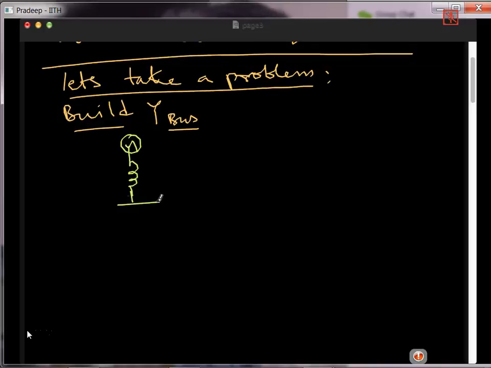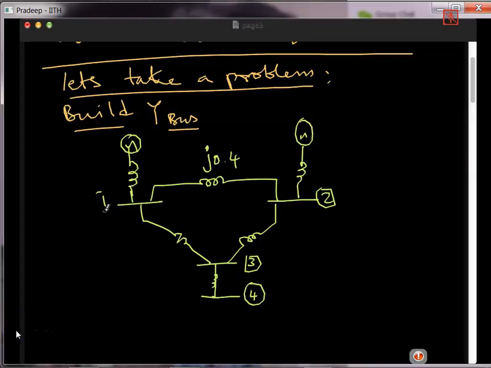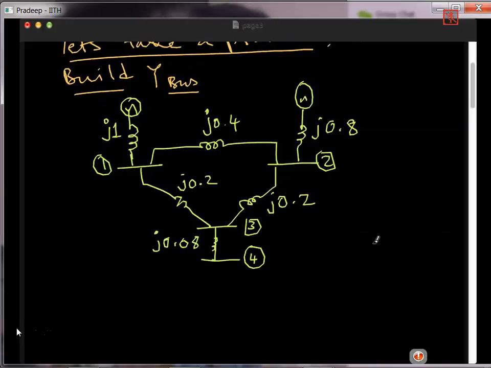It's a generator, then I have bus 3, bus 4, and this is bus 2, and this is bus 1. The line impedances are J0.4, J0.2, J0.2, J1, J0.8, and J0.08. Okay, so this is the question.